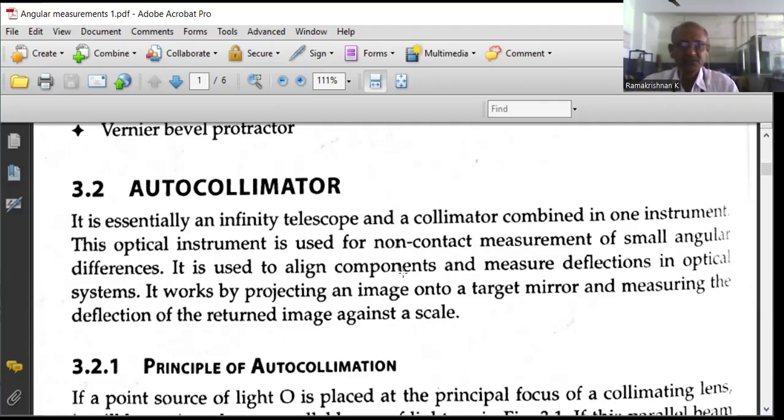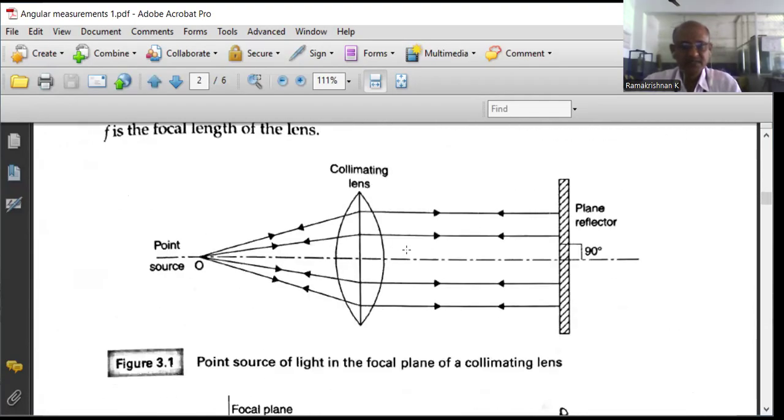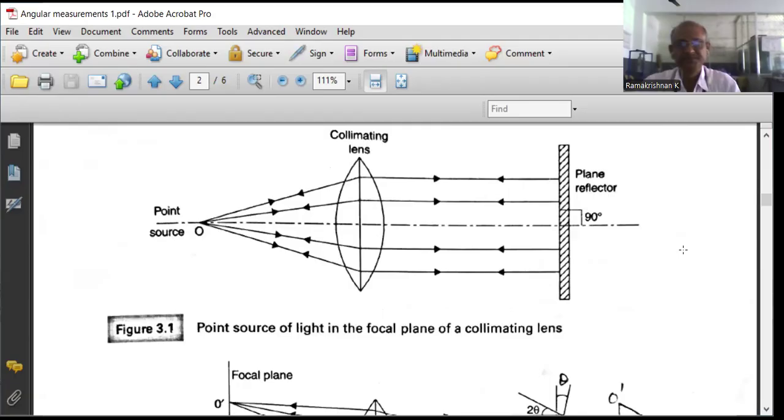So it is used to align components and measure deflection in an optical system. Before explaining the autocollimator instrument, let us first know the principle behind autocollimation. For that, the diagram can be useful.